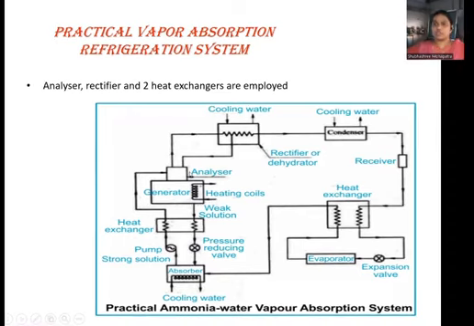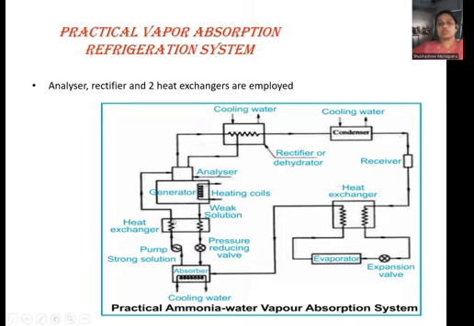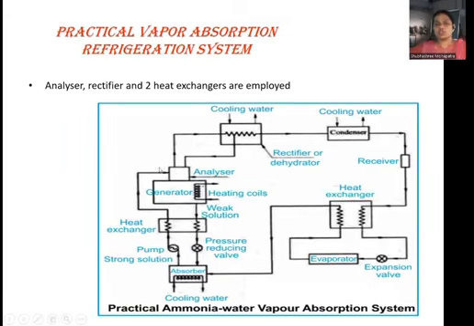Next comes the function of the analyzer. The analyzer is mounted on top of the generator and it has a series of trays. The strong solution through the pump is supplied to the top of the analyzer. This strong solution then comes to the generator by passing through a number of trays.